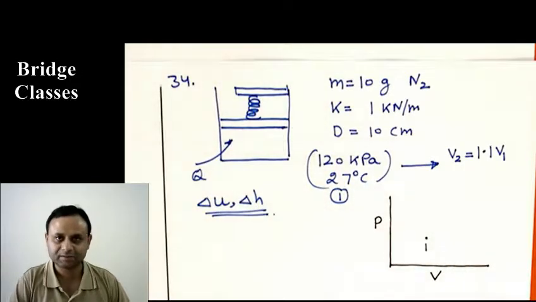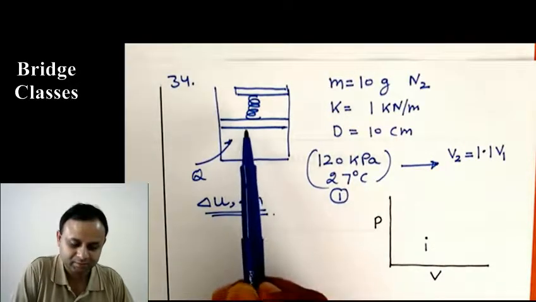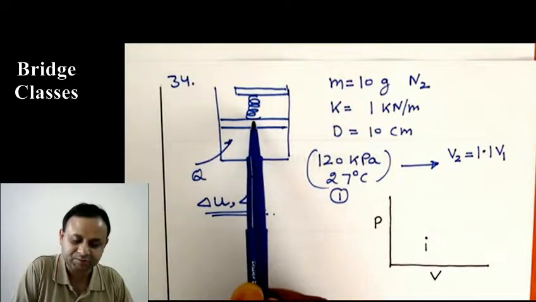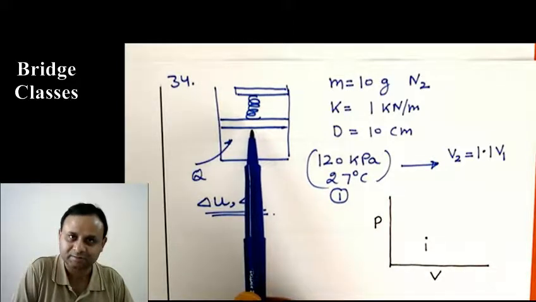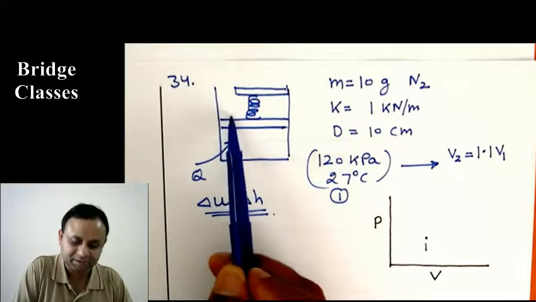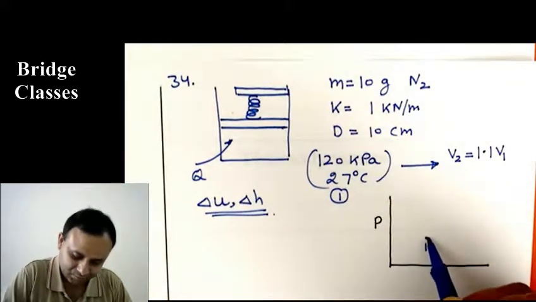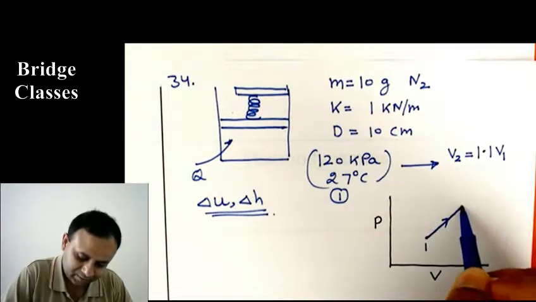Actually, the pressure will vary linearly. The reason is, if it is a quasi-equilibrium process and a linear spring, then the force this spring is going to exert on the piston is linear with respect to the displacement of this piston. So as volume increases, pressure will increase linearly. So it will be something like this.